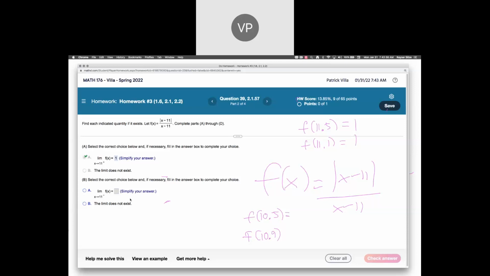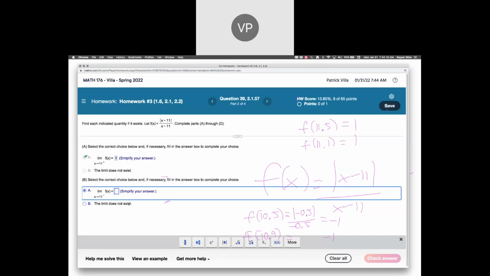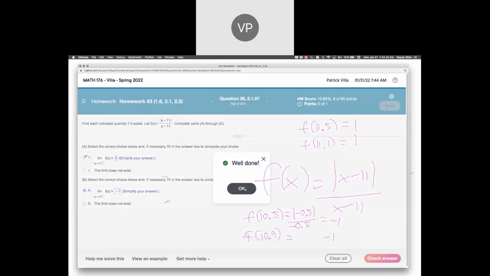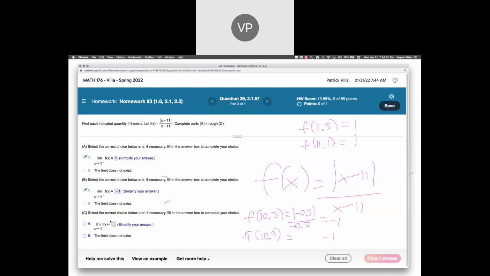But when I plug in 10.5, we get a negative 0.5 in the absolute value divided by a negative 0.5. So what happens is the top becomes a positive, the bottom stays negative. We're getting a negative 1 right here. And to save us the work, we're also getting a negative 1 down here. So from the left, we're going to negative 1.